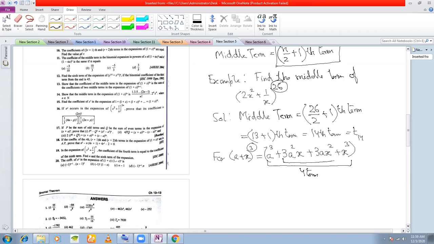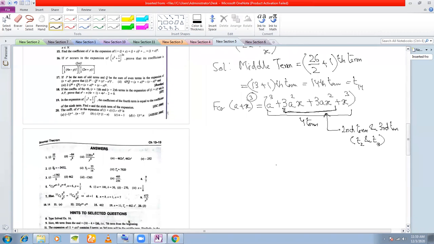These are the 2 middle terms. So in case of an odd power, you will have 2 middle terms, not 1 middle term. In this case, the middle terms are the second term and the third term, that is T2 and T3.